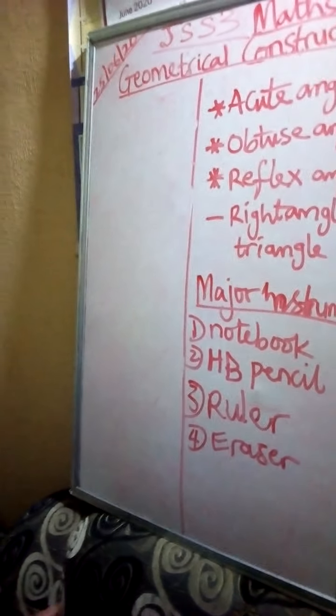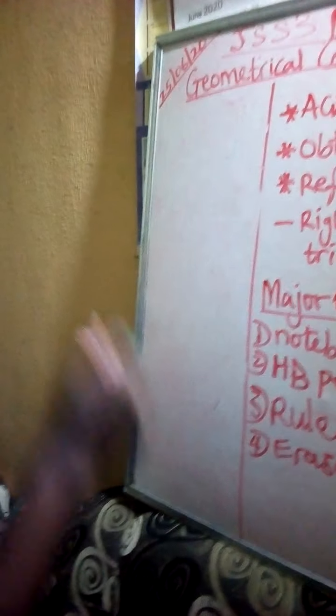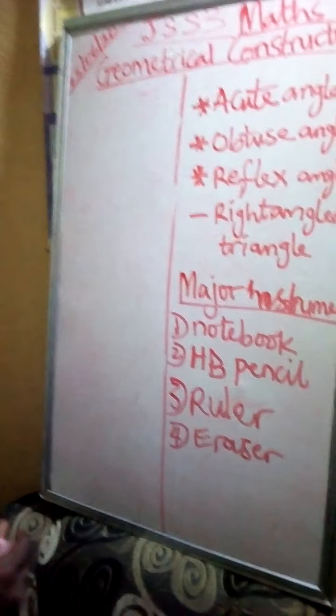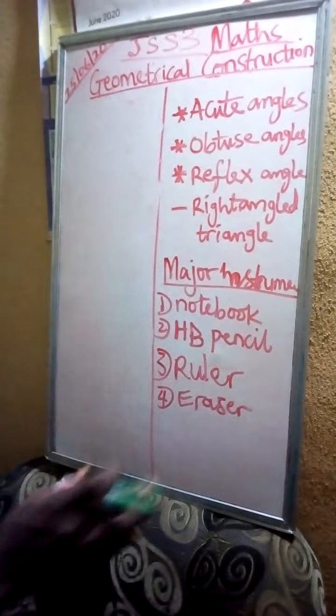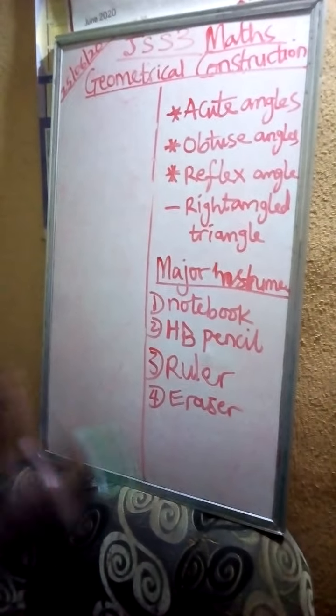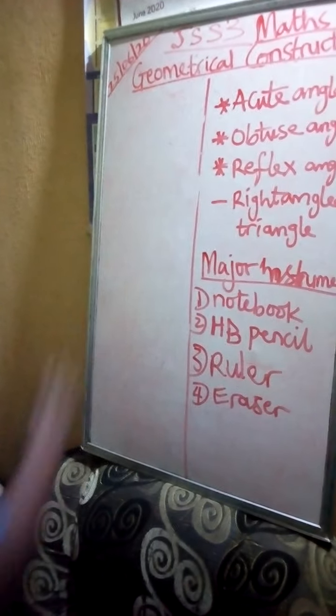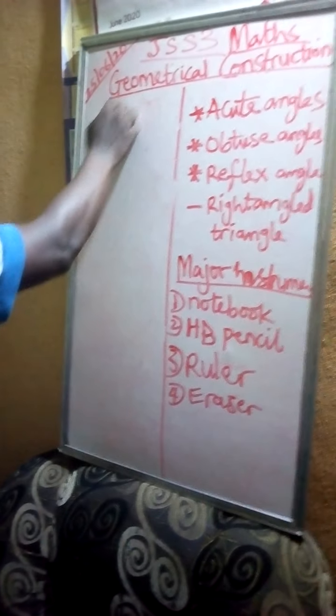There is one more basic thing I want you to understand, and that is how you can identify a particular line in construction. For example, you are asked to draw a triangle like this.